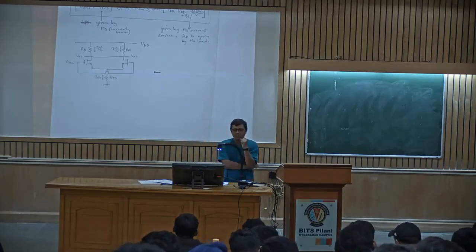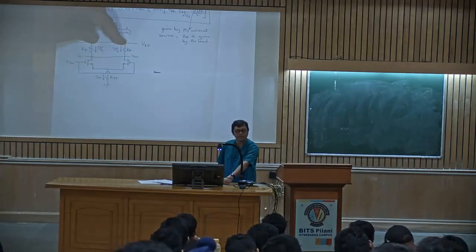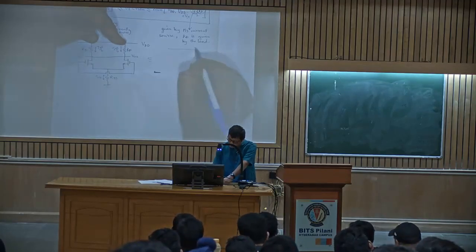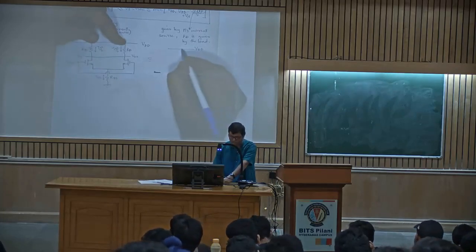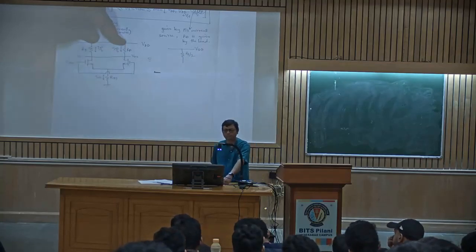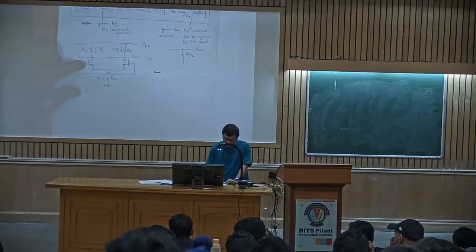Then if we simply short that, these two resistances are in parallel. So I can write the same circuit becomes VDD. With the resistances in parallel, what is the net effective resistance here? RD by 2. Very nice. How about the two transistors here?